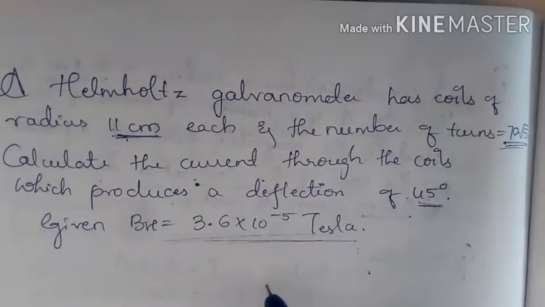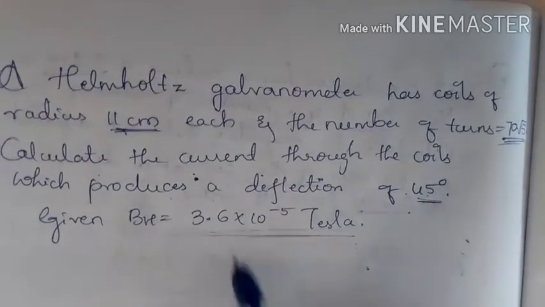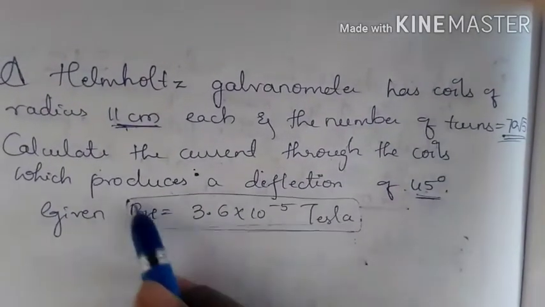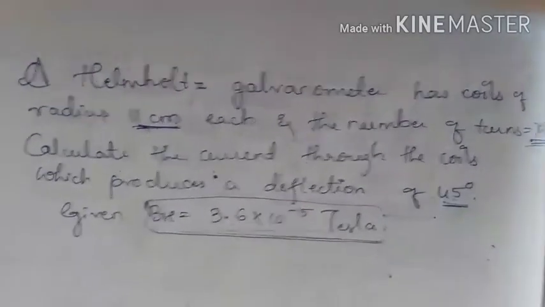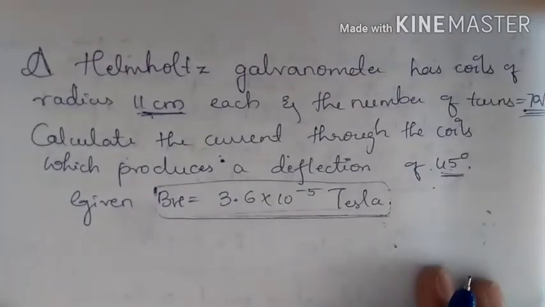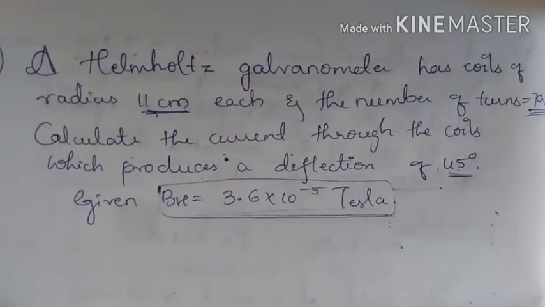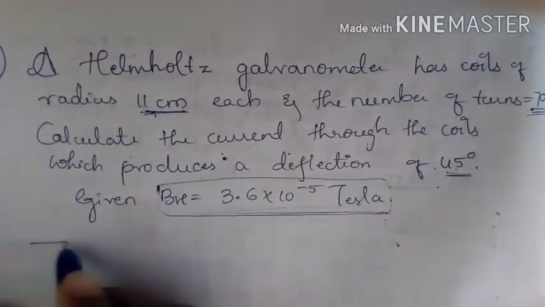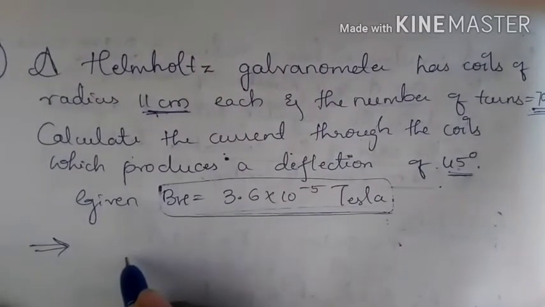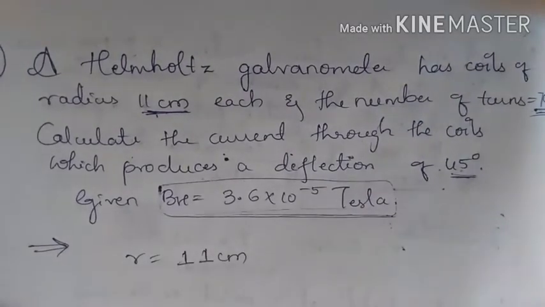So in this question you are not supposed to calculate the value of BH because it has already been given in the question. So this is again a direct question. If you know the expression for current through the Helmholtz galvanometer, then you can directly get the answer. So what all is given to us? The radius of the coil is 11 centimeter.